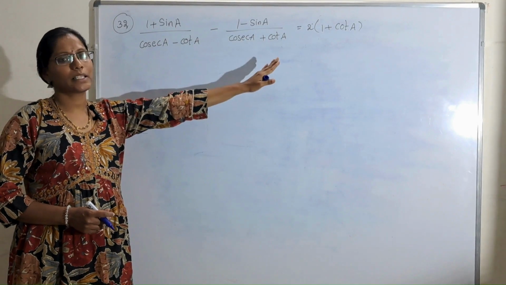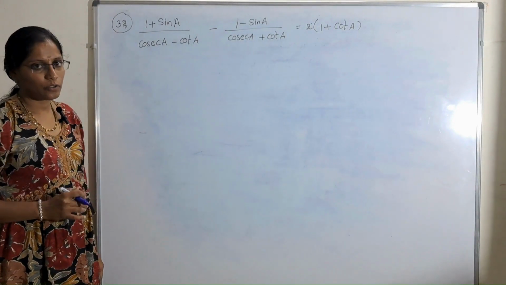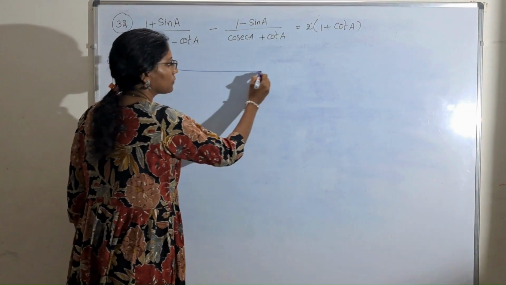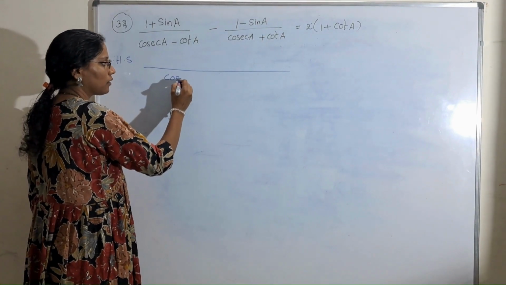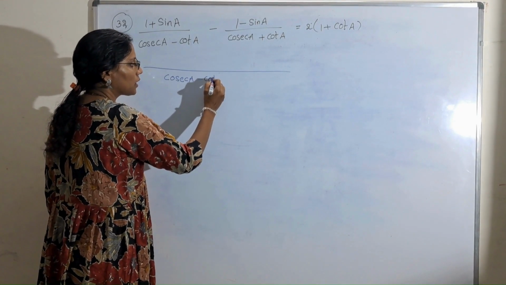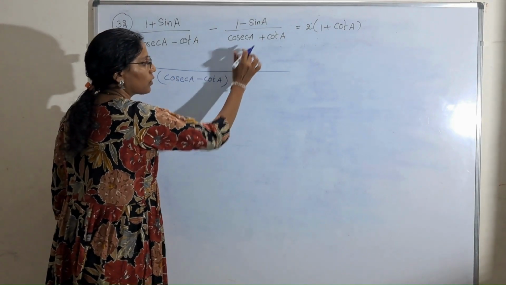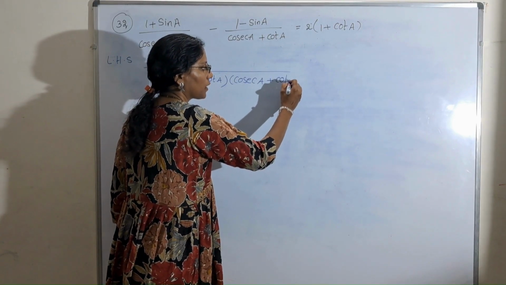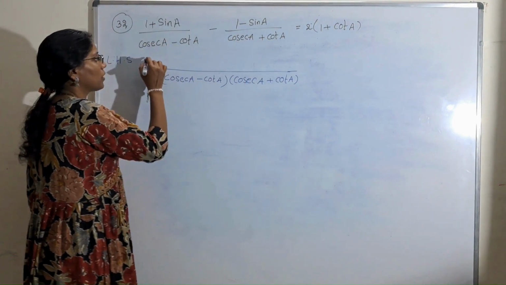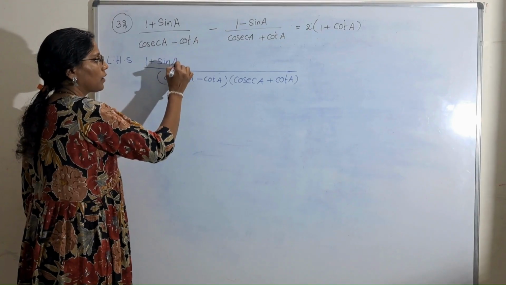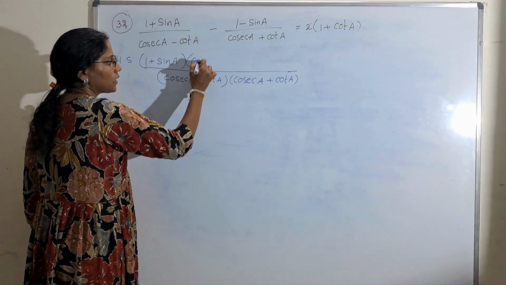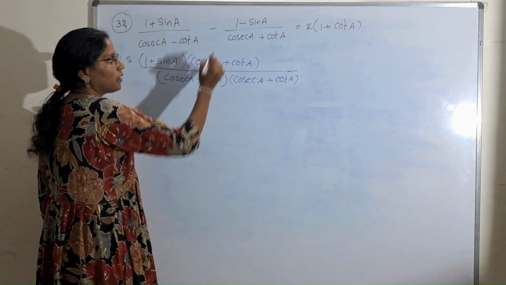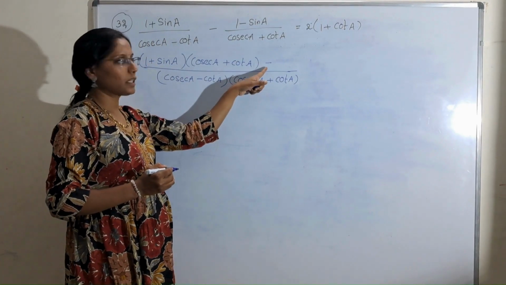LHS we have to take, RHS we have to prove. LHS, LCM we have to take and we will prove. LHS, here cosecant A minus cot A, here cosecant A plus cot A. Here cross multiplication, 1 plus sin A, here cosecant A plus cot A. Next, minus, middle minus is there, I wrote here minus.